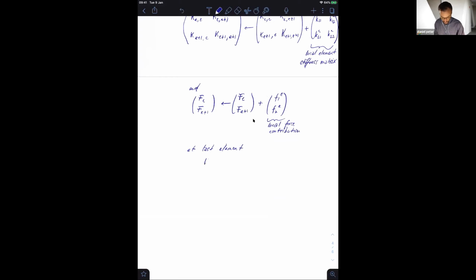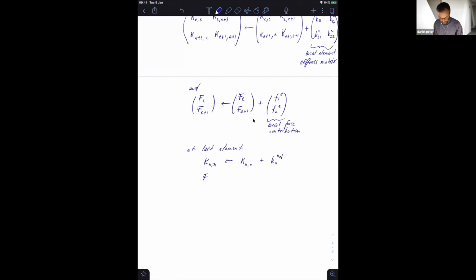So at the last element we have the stiffness matrix element K_NN, and this is the local contribution from the N element, the local element k11 from that one.